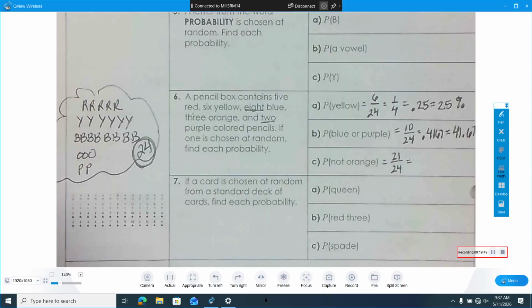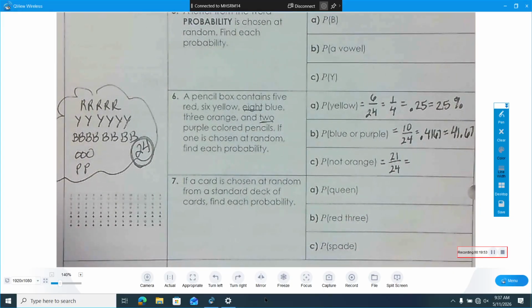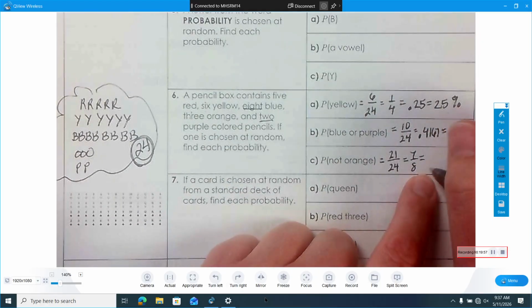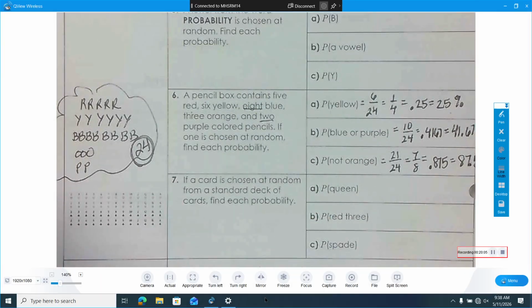It reduces to 7/8, which would be 0.875 or 87.5%. Very good.